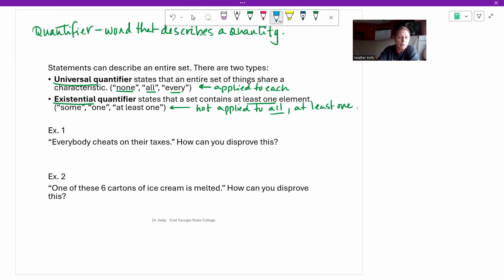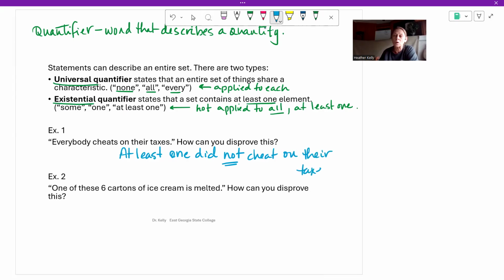So back to example one. Everybody cheats on their taxes. The disproving statement for that would be, so it says everybody, so we would say at least one did not cheat on their taxes.